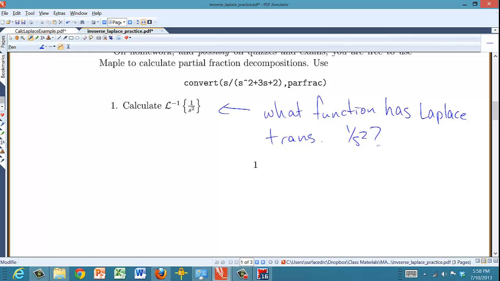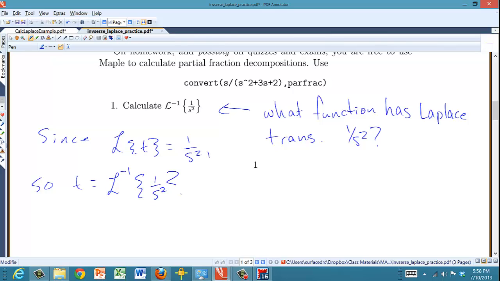You're just trying to find a function such that when you Laplace transform it, you get 1 over s squared. If you look in your table, you will see that the Laplace transform of t is indeed 1 over s squared. So that's it. So t is the inverse Laplace transform of 1 over s squared. And that's the end of the story.